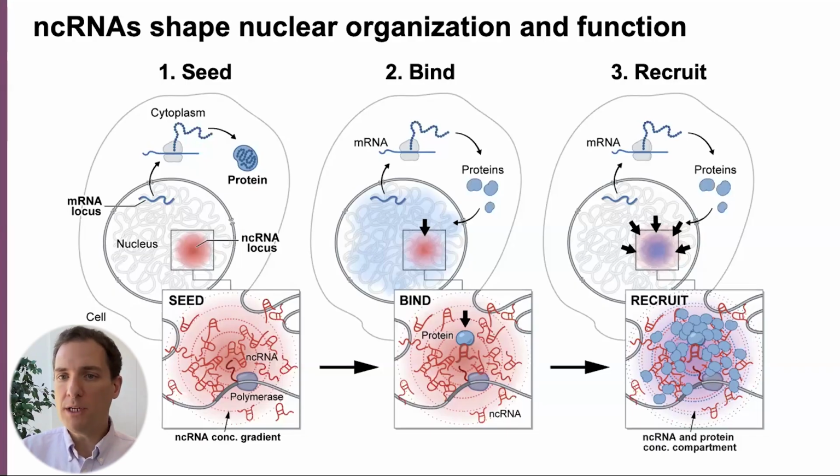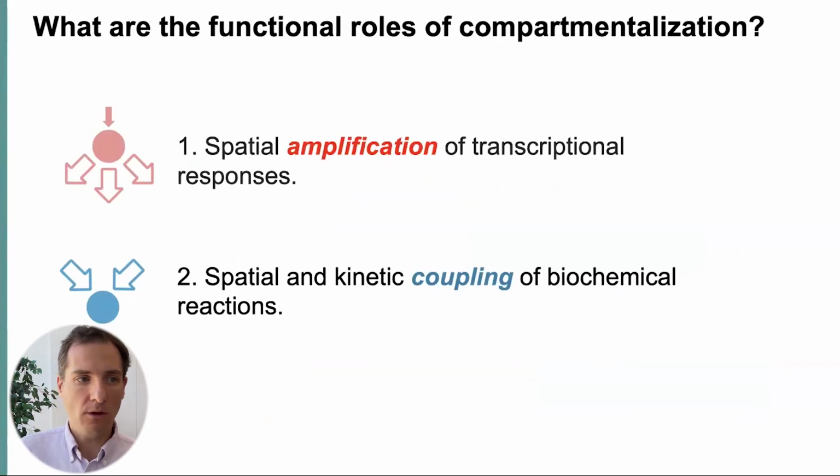Even if the protein they encode acts in the nucleus, it needs to be re-imported into the nucleus, where it then has to search through the entire nuclear volume to identify its cognate target sites. And so through the binding between a localized RNA and these diffusible protein complexes, RNA can act to seed this compartmentalized and organized structure of proteins within the nucleus.